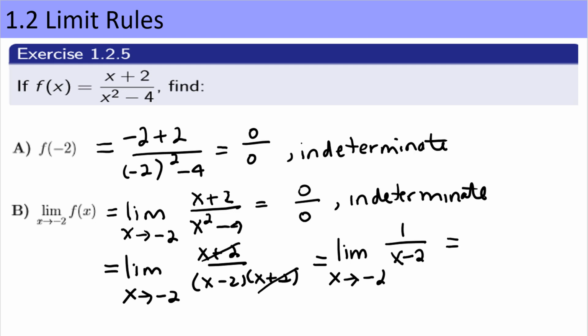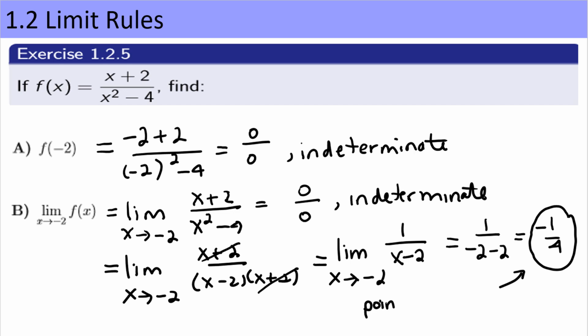And that will actually give us 1 over negative 2 minus 2, or negative 1/4. Isn't that strange? The function's not defined at negative 2, but we do have a limit at negative 1/4. This might be something that you recall from previously, and this is a point discontinuity.